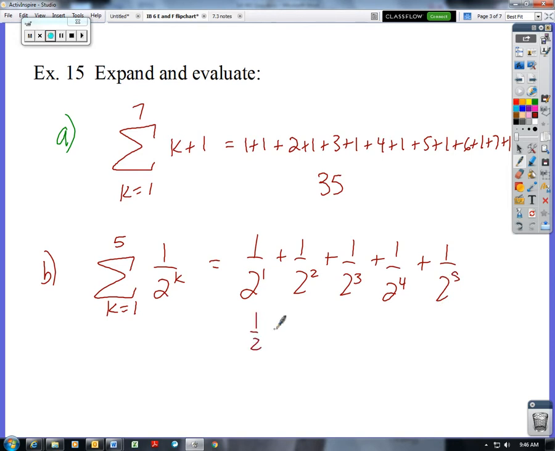So 1/2 plus 1/4 plus 1/8 plus 1/16 plus 1/32. And you can get a common denominator and add it all up. I'll save you the time of doing that. When I did that, I got 31/32.